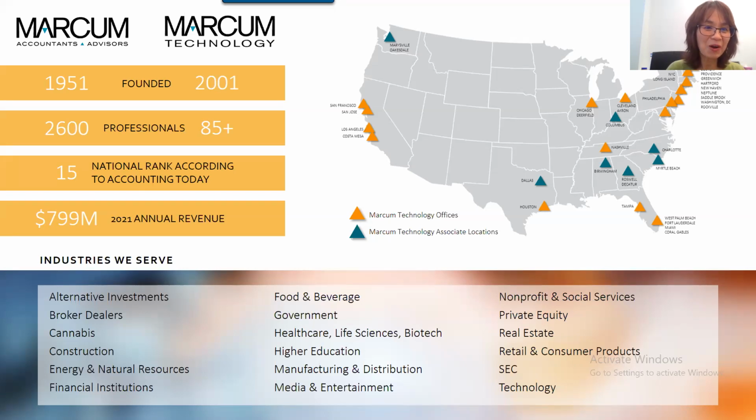We are actually the 12th largest CPA firm in the US. And below here, you can see that we do cover a number of industries. I'm not going to go through all of this, but both Troy and I work with clients in various industries. Next slide, please.